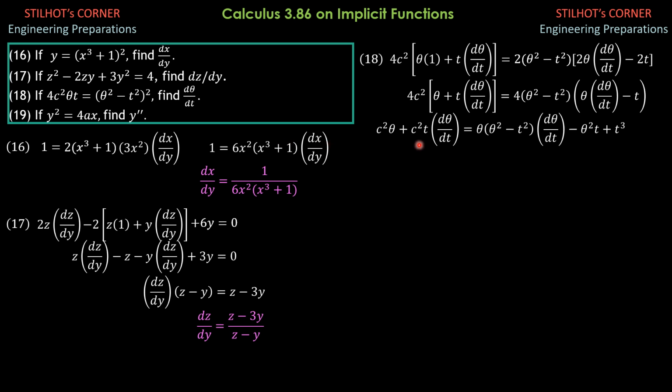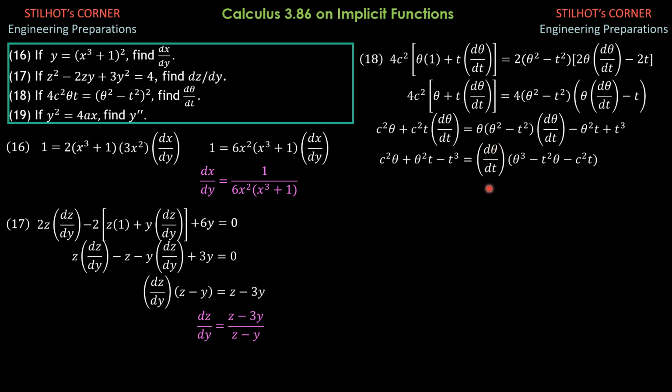We transpose these terms here to the left and this term here to the right. So we have c squared theta plus theta squared t minus t cubed equals, factor out d theta/dt, then we have theta cubed minus t squared theta, then minus c squared t after we factor out d theta/dt.